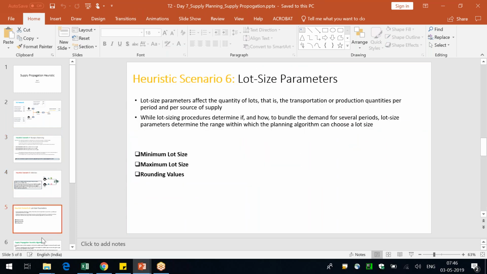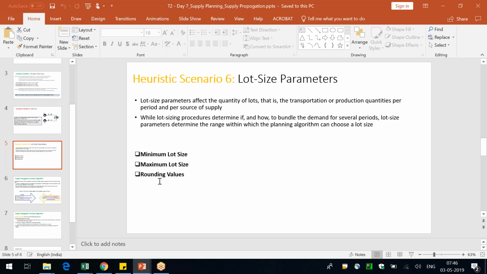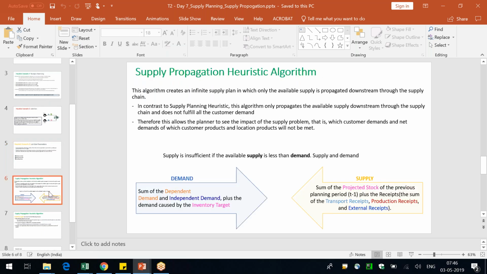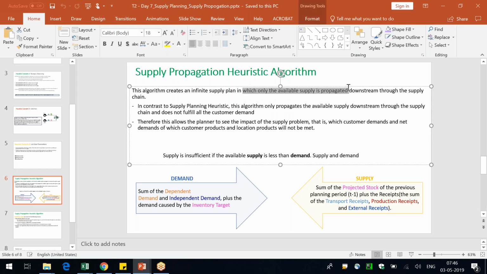And then lot sizings, we have seen maximum lot size, minimum lot size, and rounding values. Next, we have seen the supply propagation heuristic. So the difference between the supply propagation and the normal heuristic is only the available supply is propagated. That is the only catch.